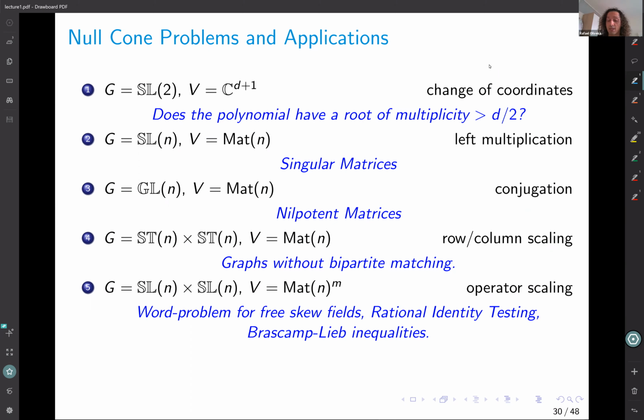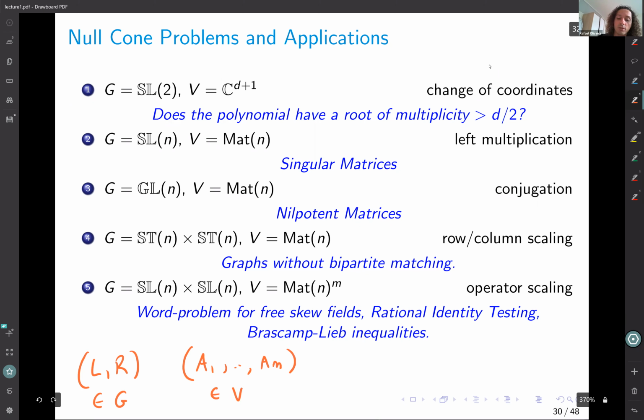We didn't define this action, and we're not going to talk much about it, but I will refer you to the workshop lecture notes to look up more about it. So here we have L and R. These are two matrices, an element of our group G. So L and R are two matrices in SLN. And now our element of the vector space is a tuple of matrices A1 up to AM. Okay, this is in V.